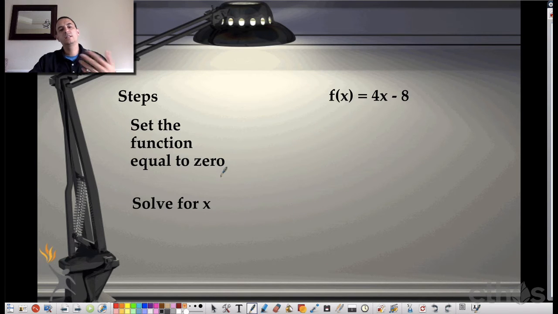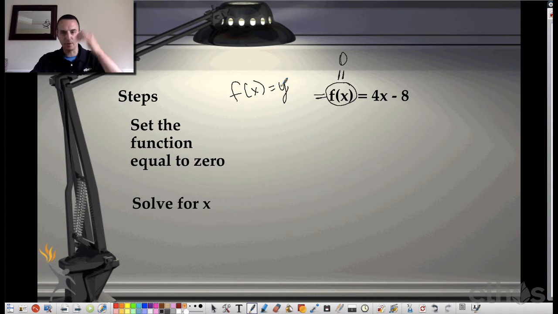All right, so now let's jump into solving it algebraically. And this is the exact problem I had in the example earlier. So the idea is that you're going to set the result of this function, f of x, and replace it with 0. One of the things we learned back in a previous lesson was that f of x is the same as y. They're equal to each other.